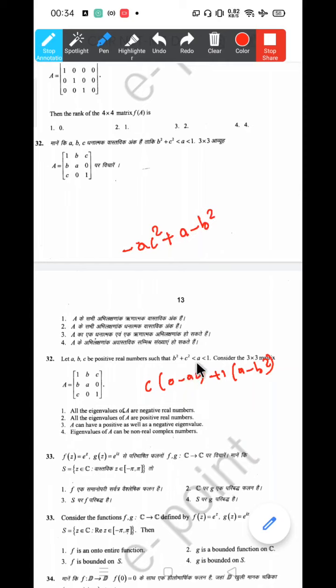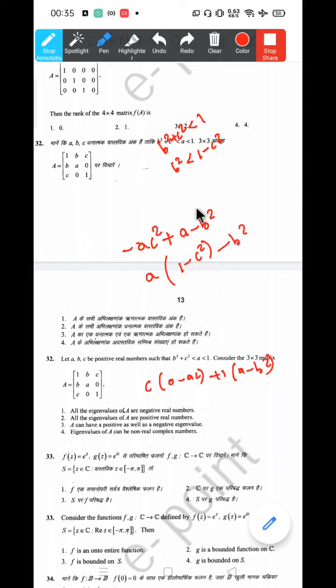B square plus C square is less than A, that is less than 1. If I use this, B square plus C square is less than 1, so B square is less than 1 minus C square. If I take A common, I will have 1 minus C square minus B square.